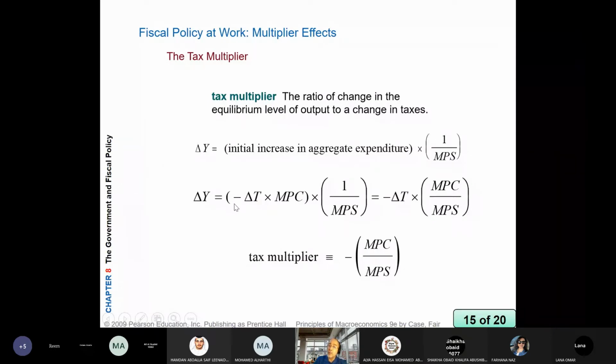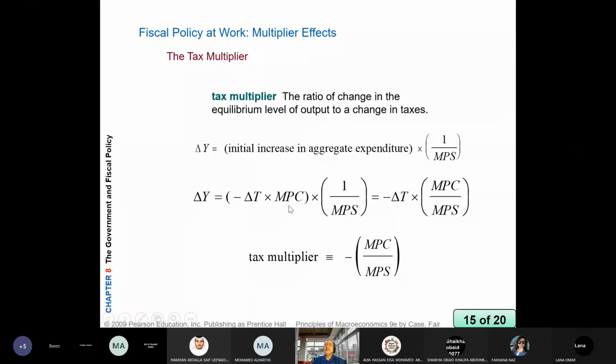But by how much? Assume the government imposes new lump sum taxes worth 100. So our consumption will decrease by 100 times the marginal propensity to consume. Assume the marginal propensity to consume is 0.8. So consumption will decrease by 80. Why? Because saving also will decrease by 20.